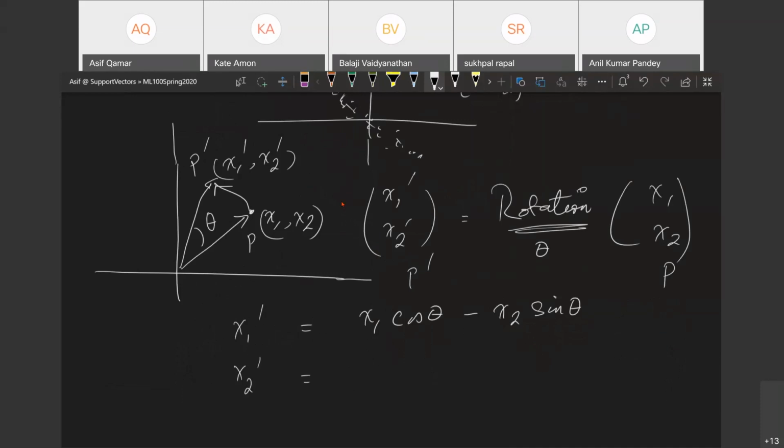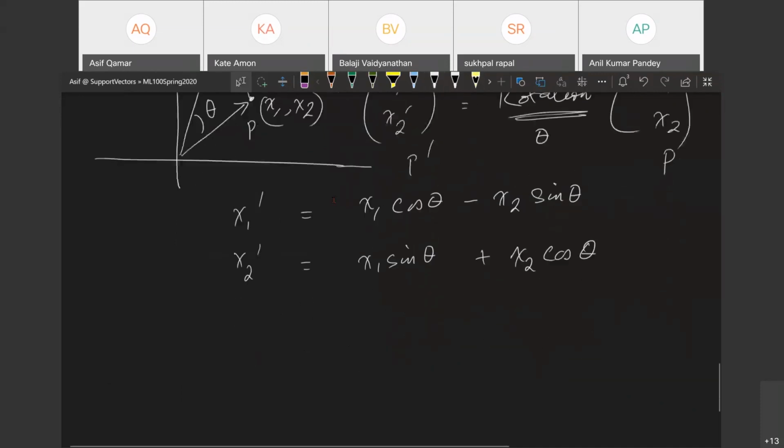X2 prime is x1 sine theta plus x2 cosine theta, the original. So the new values of x1, x2 are like this. Now, some of you may vaguely remember that these used to be the equations of rotation in trigonometry or coordinate geometry in your middle school, high school classrooms. Does anybody remember these rotation equations?